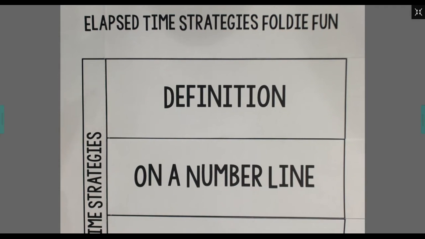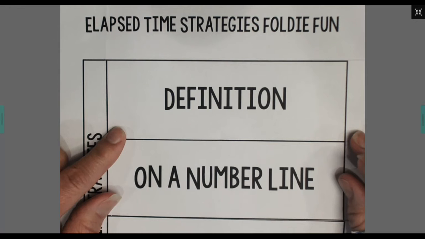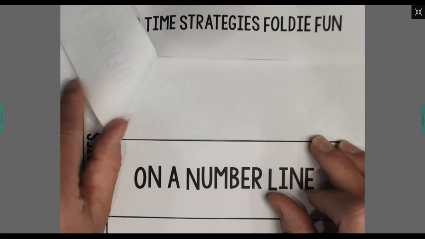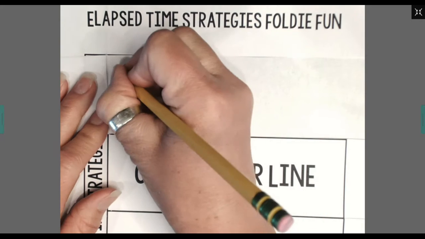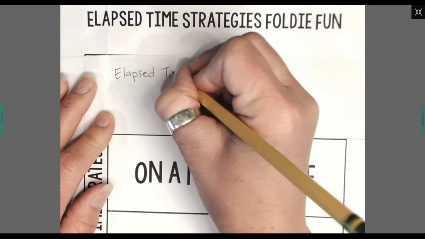Today, we're going to be looking at elapsed time strategies. So first of all, we need to define what is elapsed time. Elapsed time, just as the name implies, what are you thinking it is?